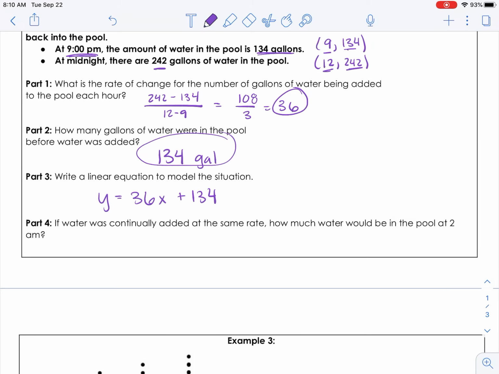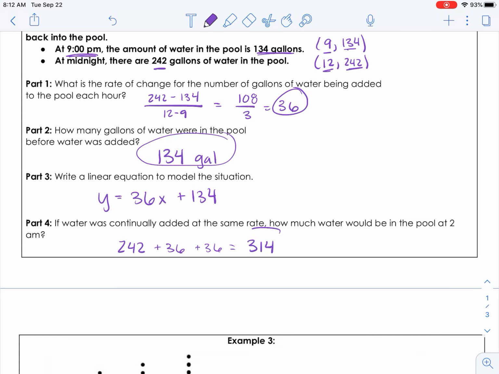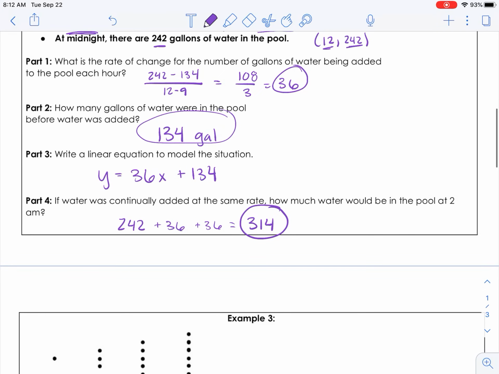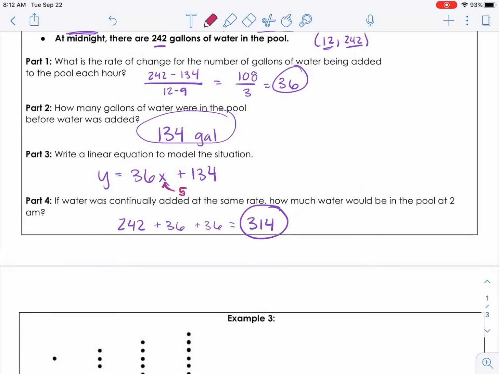So if I do 242 plus 36 plus 36 again, I'm going to get 314. Okay, and that works the same way if we plug in 5 for x right there. Whichever way you prefer is totally fine.